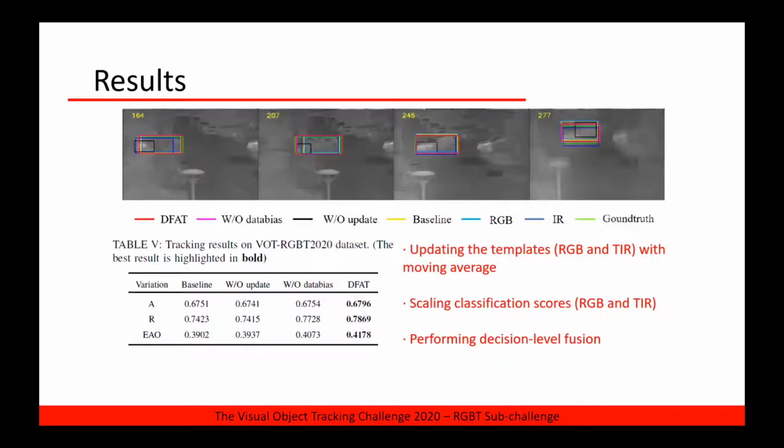The final results on the RGBT sub-challenge this year are shown in table 5. The results here are obtained from the Python Toolkit version 0.2, so maybe some are different from the final toolkit version.